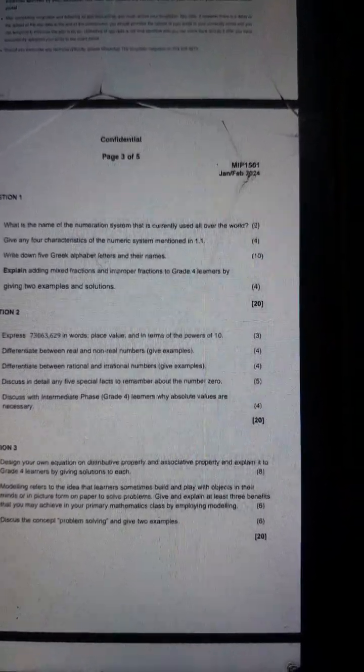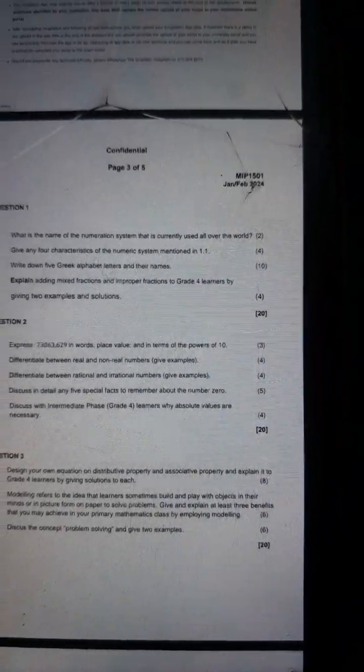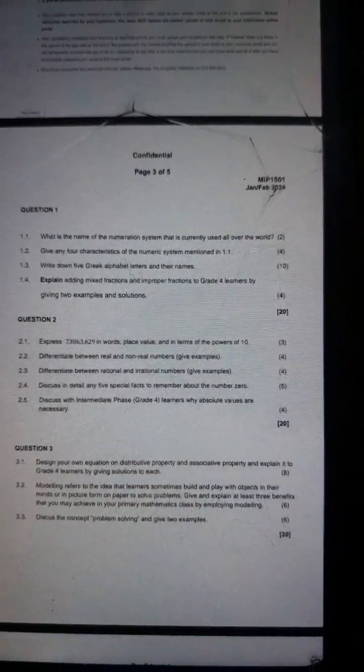Well, first thing, you can write it down now. That's 73,063 and 629 thousandths. That's how you will have written that.